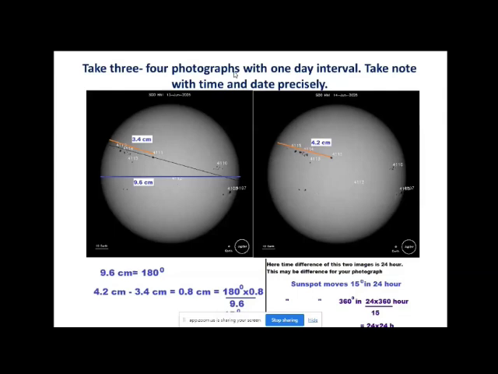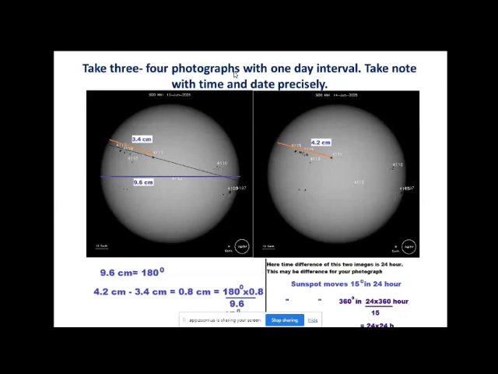Then we can find that a few sunspots have a rotation of 24 days, while for a few sunspots the region should have 35 days. This variation gives the pleasure.